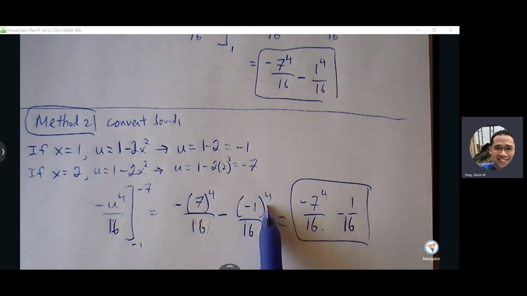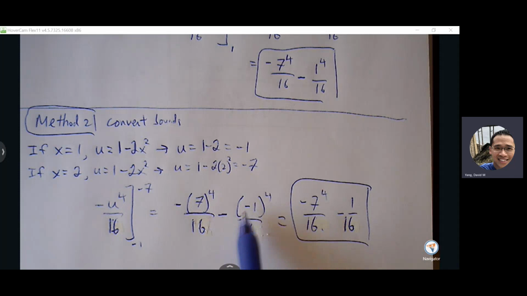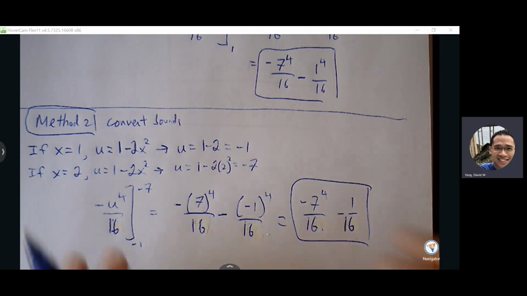What's negative 1 to the 4th? Just 1, right? So this becomes a positive, and so that negative stays. Okay, next page.